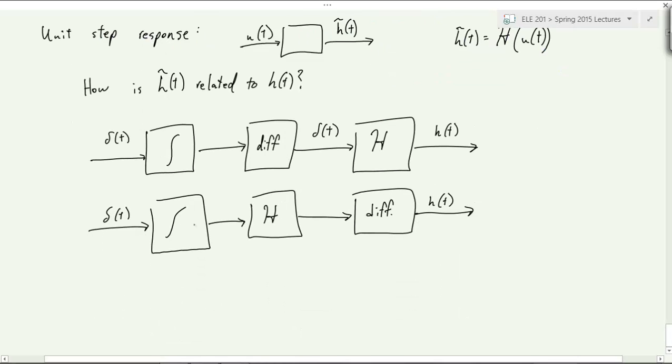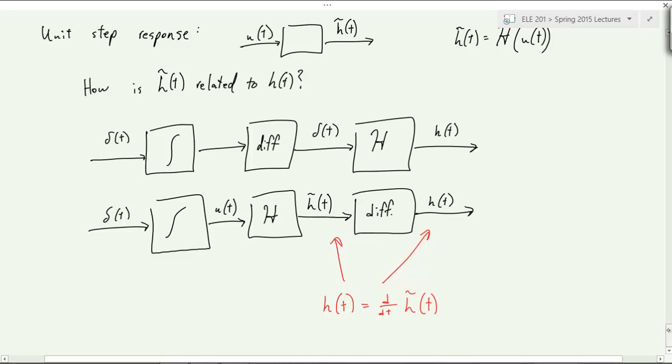But notice, what do I have here? What's the integral of delta? That is u of t. Then what comes out here? That's our h tilde of t, the unit step response. So now we see that the unit impulse response equals the derivative of the step response.